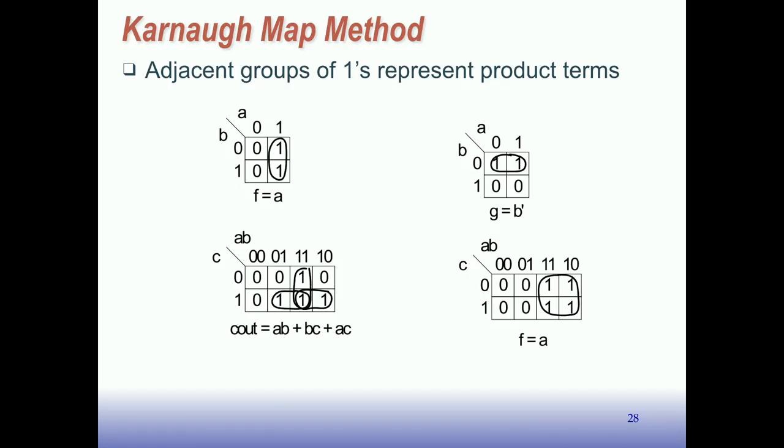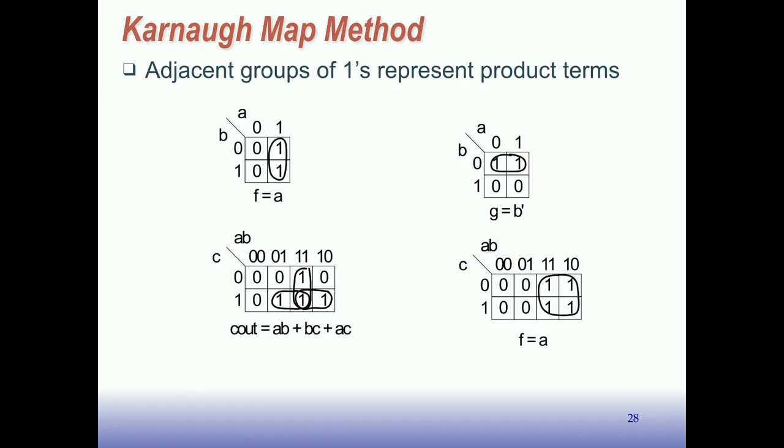Right? And interestingly, here's our majority function here. You can see how simple it looks now. Here's the 3. So there's 3 things ORed together. C out is going to be a 1 if we get a 1 this way, or we get a 1 this way, or we get a 1 this way.